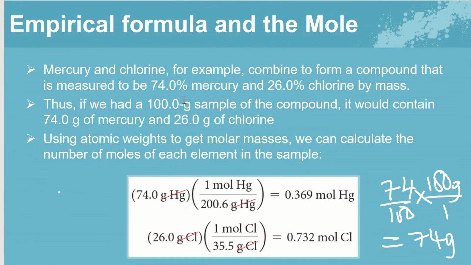So if we had a different sample, if it wasn't a 100-gram sample, then we would have to do this calculation in order to calculate the number of grams, but we're keeping it simple. And so using the atomic weights to get molar masses, we can calculate the number of moles of each element in the sample, right?